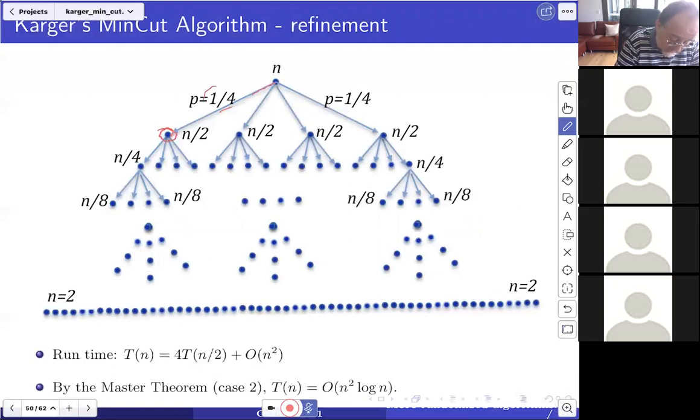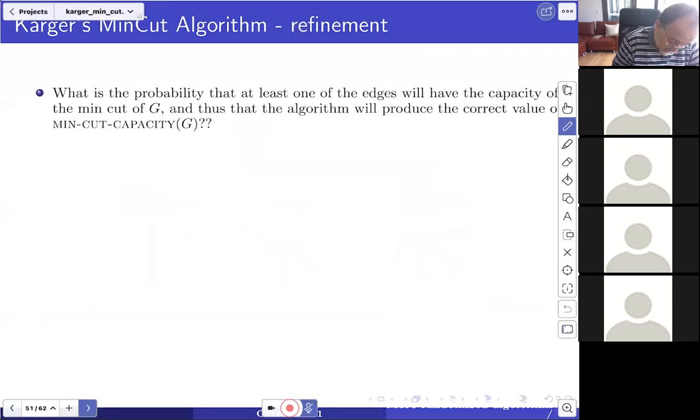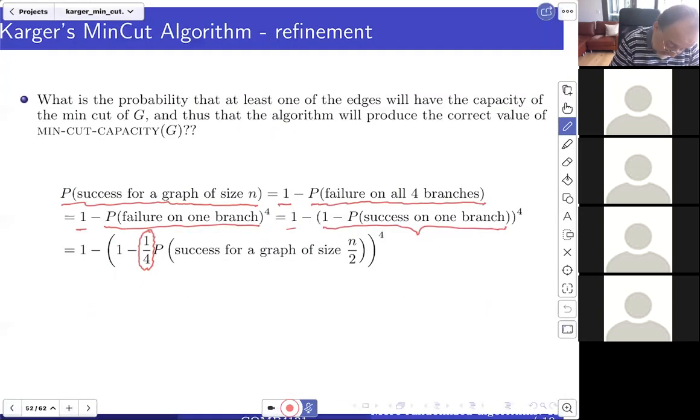Probability is 1/4 times probability of success on a branch of this node. So in total, this is 1/4, to survive contraction up to n/2, and then the probability for the rest of the algorithm to survive for the graph of size n/2.